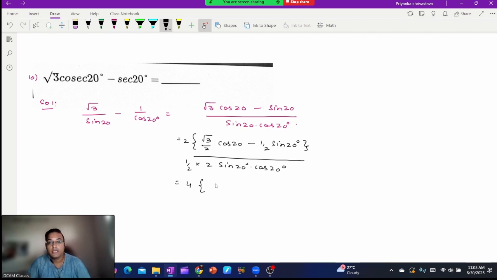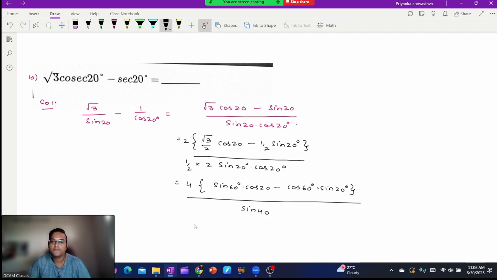So it will be sin 60 is root 3 by 2. So I can write this as sin 60 cos 20 minus cos 60 sin 20, whole divided by 2 sin A cos B, which is sin 2A. So 2 sin theta cos theta is sin 2 theta. So it will be sin 40.